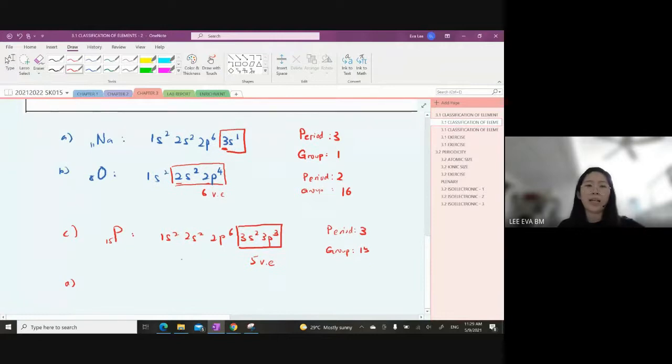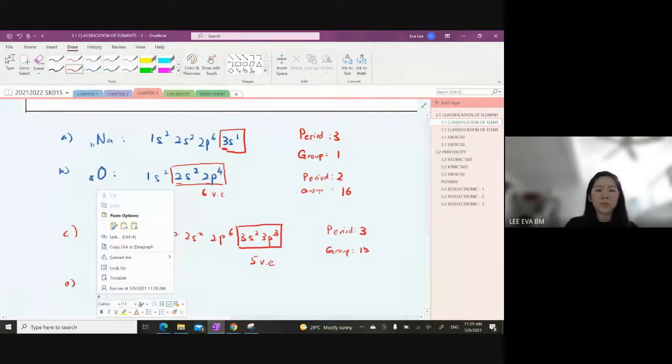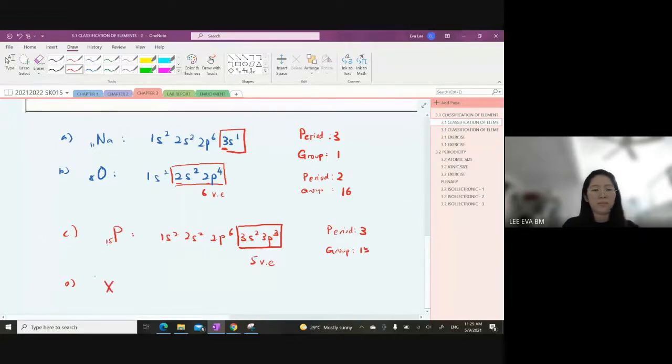Okay, Madam bagi soalan lain. Let's say over here I just give you element X with a proton number of 17. For those who have already memorized the periodic table, you can't just memorize which group and which period this element is from. You have to do the electronic configuration.